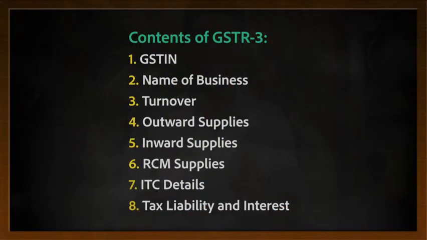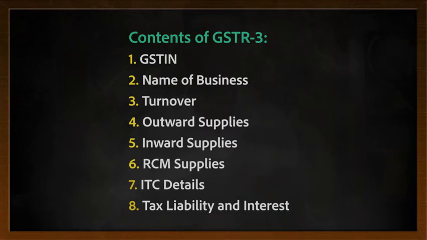So these are the contents of your GSTR3. Which are those? First, GNT: GSTIN number, name of your business, turnover, then details of your outward supplies, details of your inward supplies, then any RCM purchases, on which the recipient is supposed to pay tax.